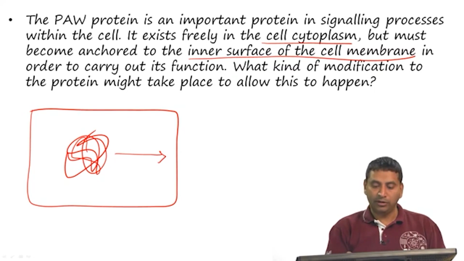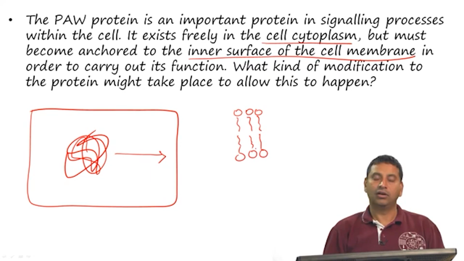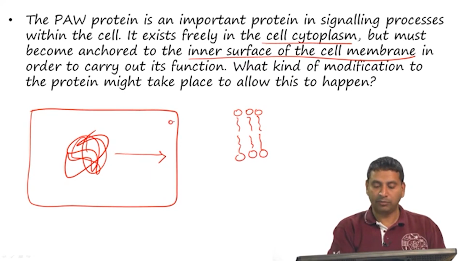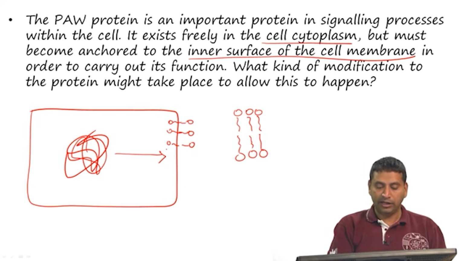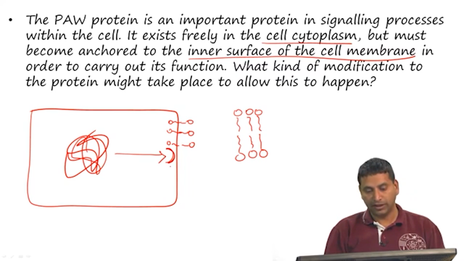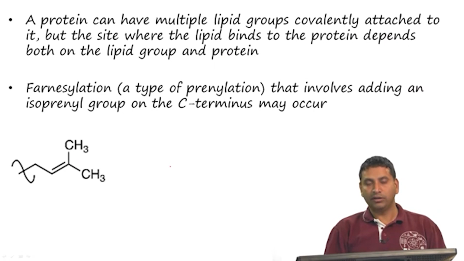We have already seen that the lipid bilayer is the major component of the cell membrane, and so you can imagine that the lipid bilayer is going to be like this, right? If the protein has to associate itself with the lipid bilayer, then it would need some hydrophobic residue to associate with. Therefore, the protein can have multiple lipid groups covalently attached to it, but where the lipid binds to the protein depends on the lipid group and the protein.